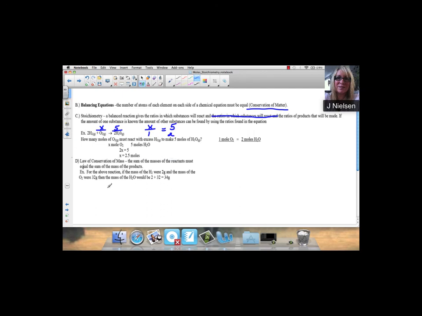Law of conservation of mass. The sum of the masses of the reactants must equal the sum of the masses of the products. So, I'm going to rewrite this example down here. If I had 2 grams of H2 and the mass of O2 were 32 grams, then what would be the mass of my products?